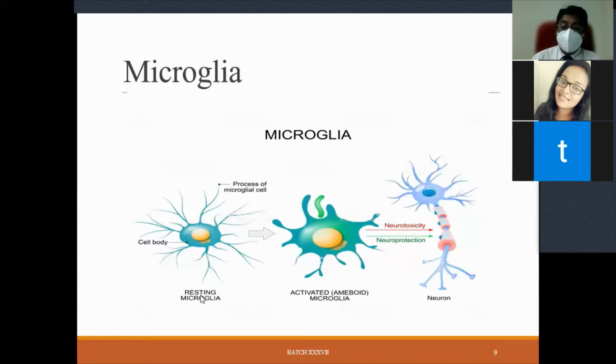In this diagram, you can see this is a resting microglia. It has processes of the microglial cell and the cell body.